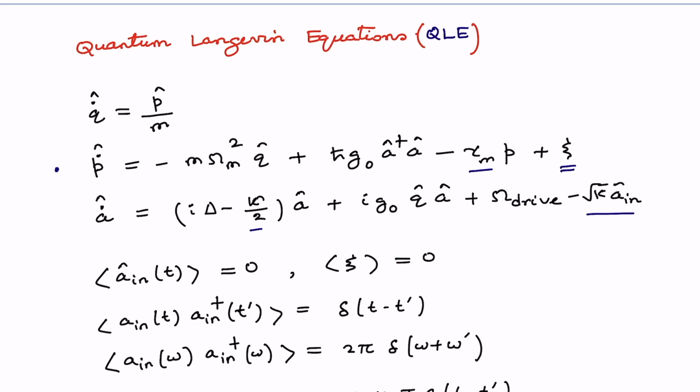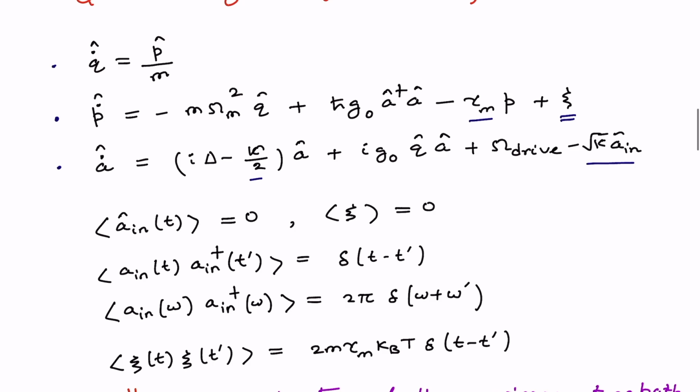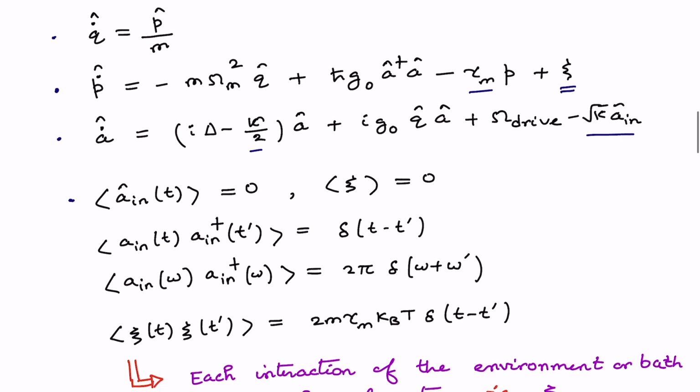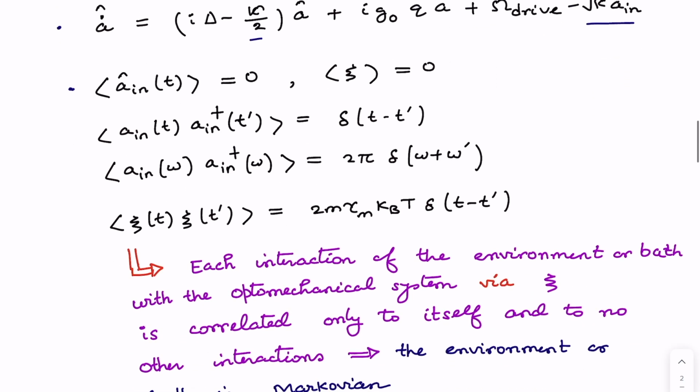So this set of three equations are called quantum Langevin equations, and this quantum noise has zero mean, as I have shown by this expression, and they satisfy certain correlators, and these are the correlators they satisfy, both for A in and this Langevin noise.